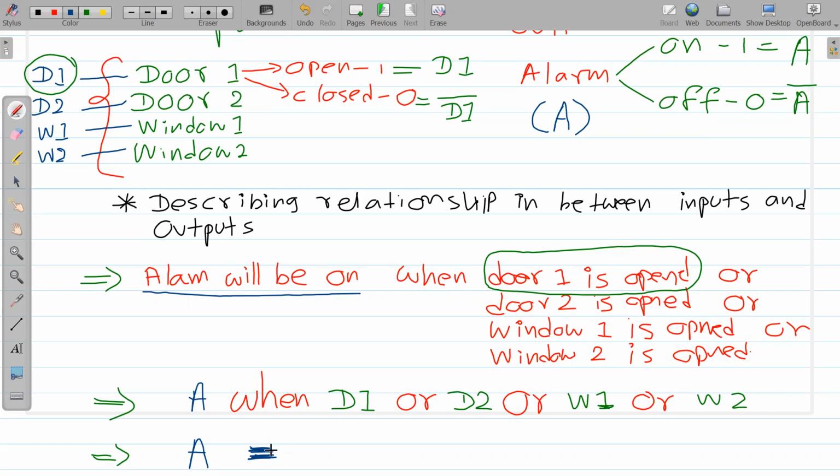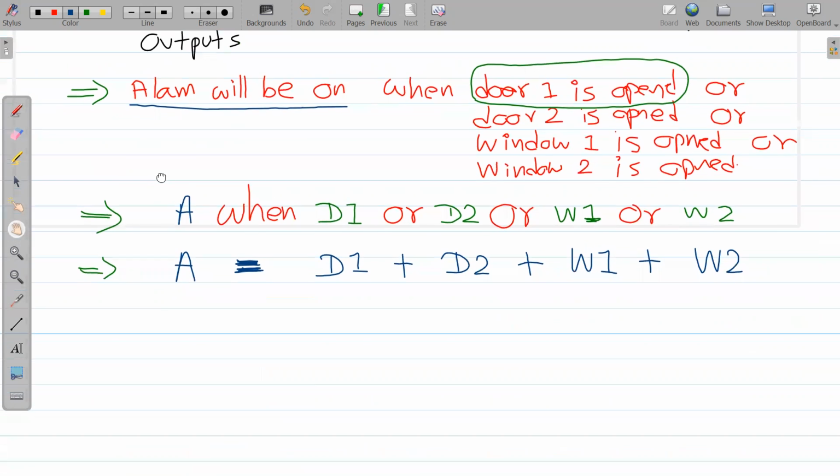So A equals D1 plus D2 plus W1 plus W2. Right? So we have taken a very simple expression.